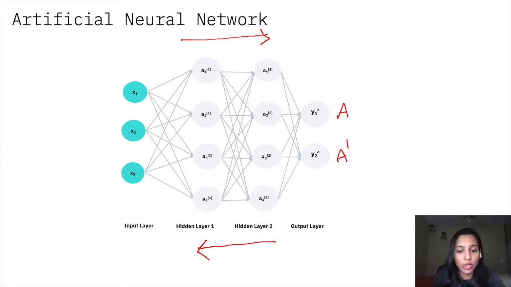To highlight some of the components, an artificial neural network comprises several neurons. Each of these circles over here is a neuron in itself, and they form a layer. You get to decide how many layers you'd want. So in this image, there are two layers, and then you also get to decide how many neurons you want within each of these layers.